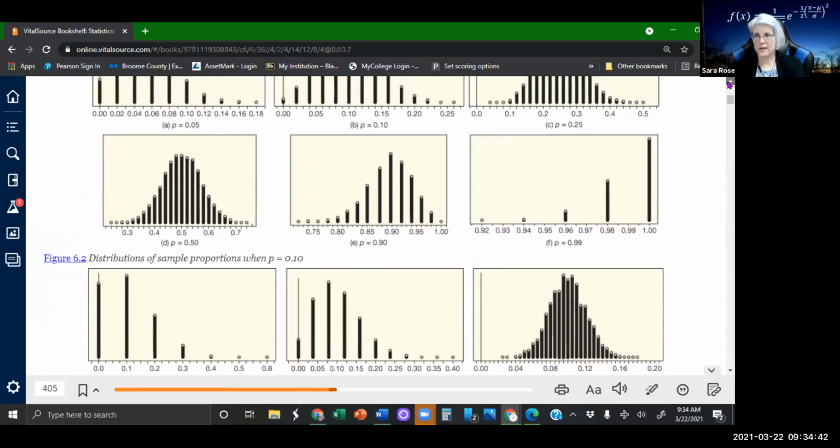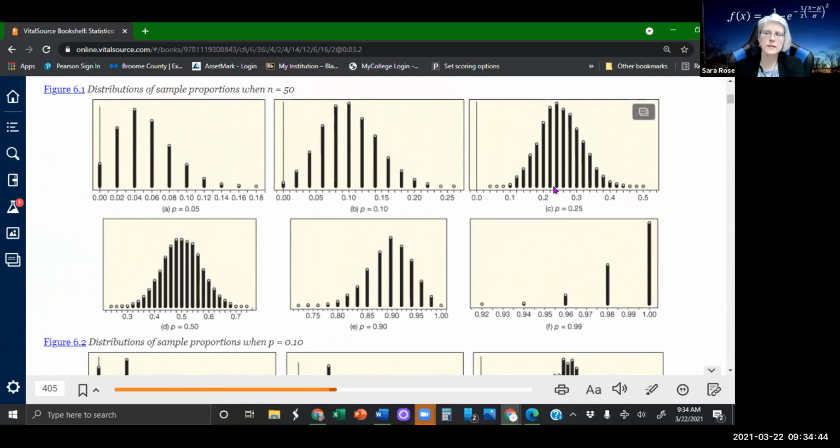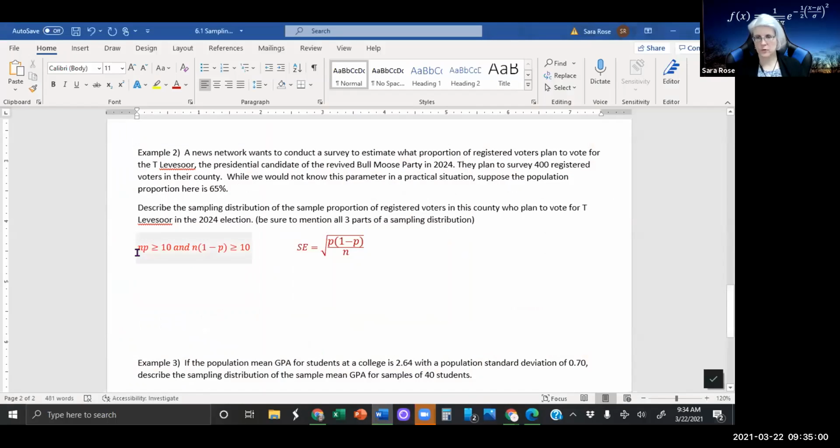If you have a proportion that's somewhere closer to 50%, usually between 0.25 and 0.75, then both of those formulas here will be greater than or equal to 10.